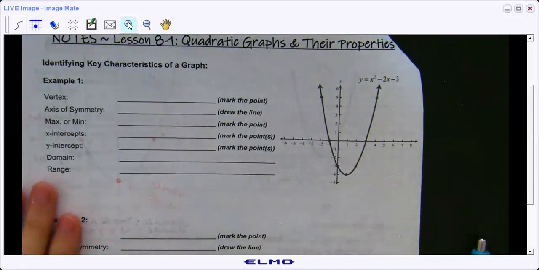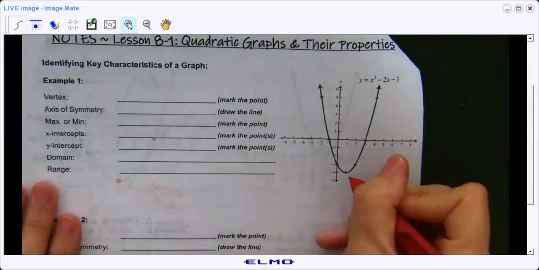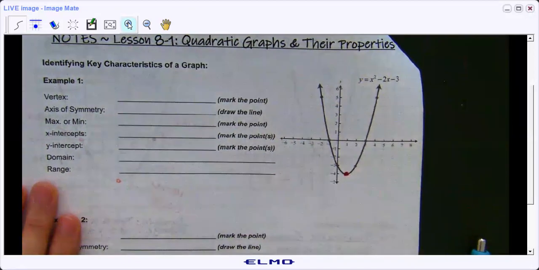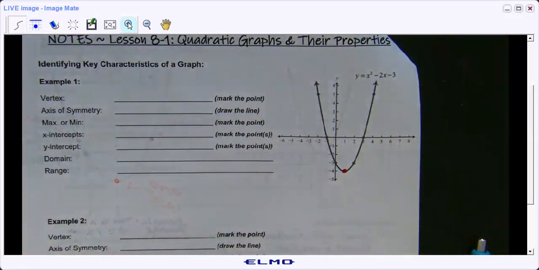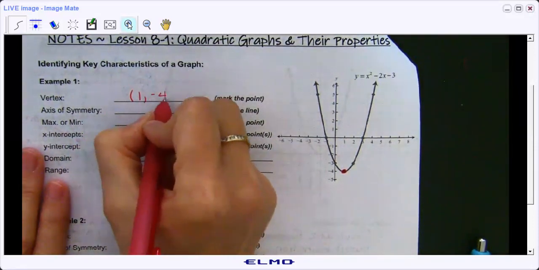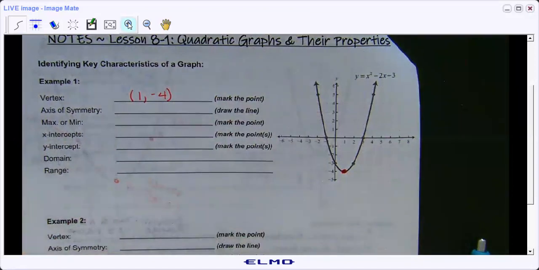I want you to go ahead and find the center, okay, and put a point next to it. Okay, it's right here. What is the ordered pair for that vertex? 1, -4. That is your vertex. That's not difficult, right? The vertex is your most center point.